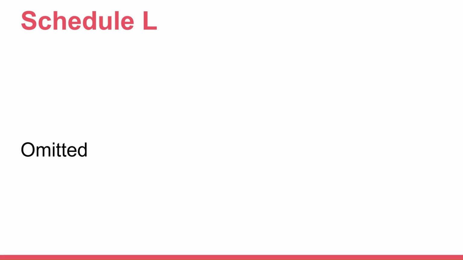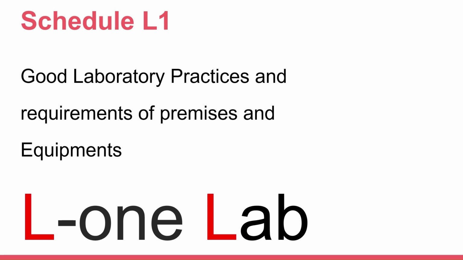Now Schedule L. Schedule L is also omitted. Now Schedule L1. L1 states the good laboratory practices and requirements of the premises and equipment. That is, Schedule L1 is related to lab.